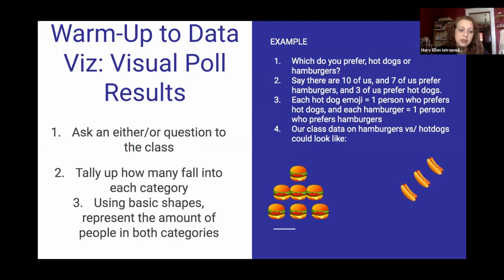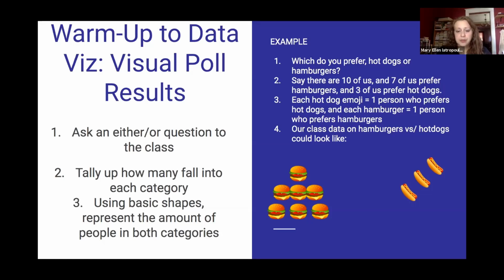You just ask a question to the class. Students love coming up with questions that they can poll their classmates with. You figure out how many people fall into what category, and then you figure out, how do I visually represent the fact that we have different people saying different things?